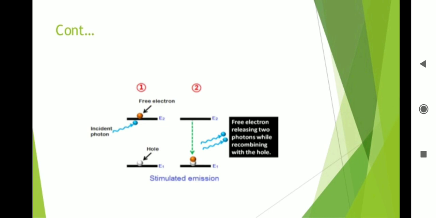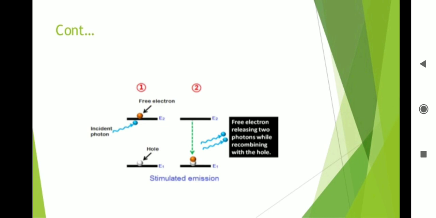This process is called stimulated emission, and it is shown in front of your figure number B. You can say figure A and B or figure 1 and 2.